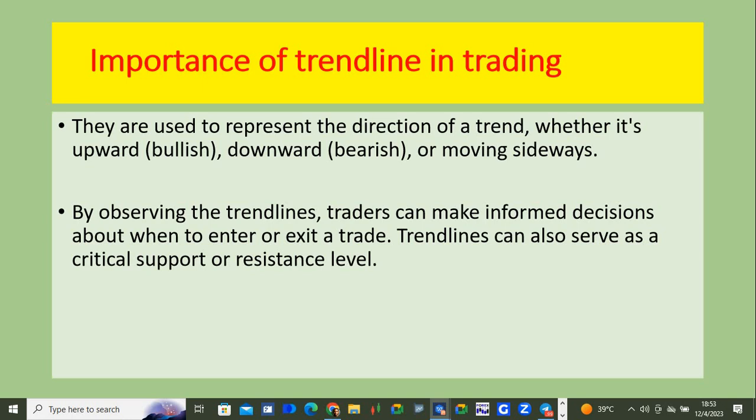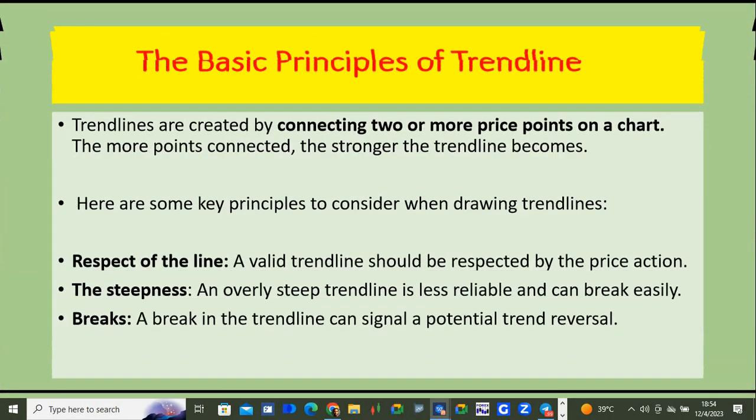Trend lines can also serve as a critical support and resistance level. It also gives traders the ability to make informed decisions about when to enter or when to exit a trade. We'll look at it as we go further.